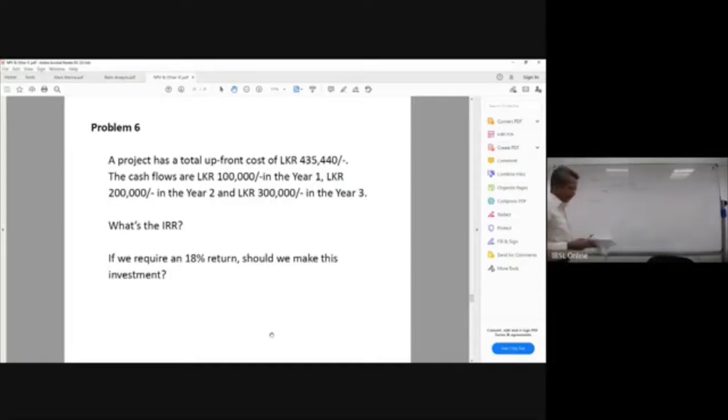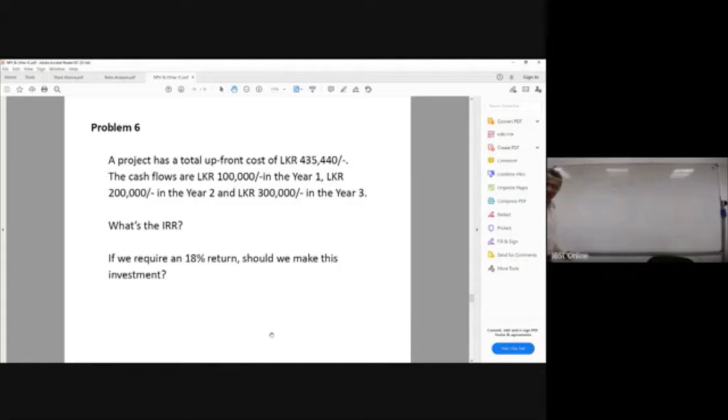So I think I wrote the upfront cost in the wrong place. I'm not writing it again. Upfront cost is here, 435,440. Okay.